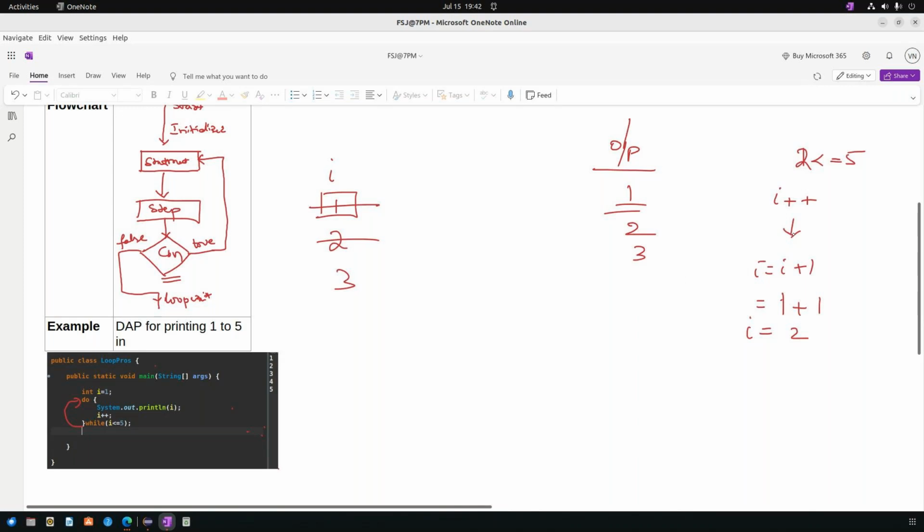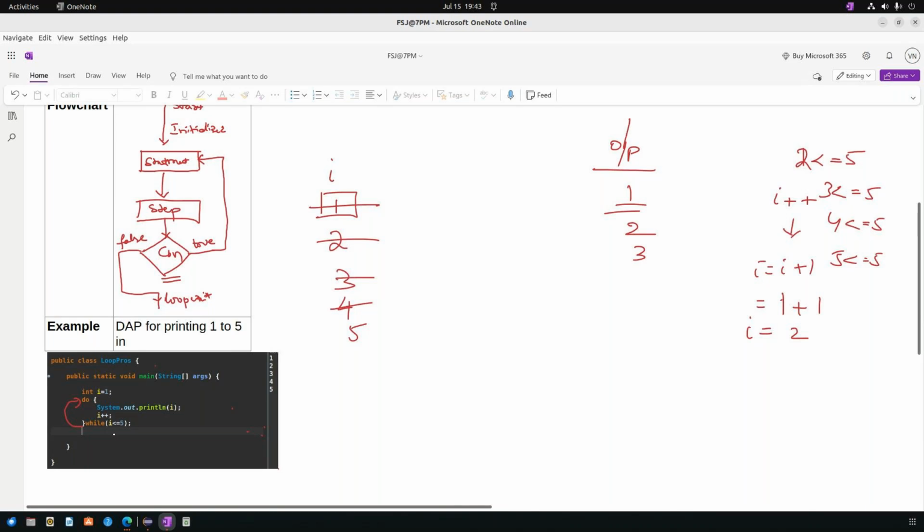Then again it will check 3 less than or equal to 5. It goes back again, increases by 1, so 4 will be checked, then it increases by 1 and 5 will be checked.